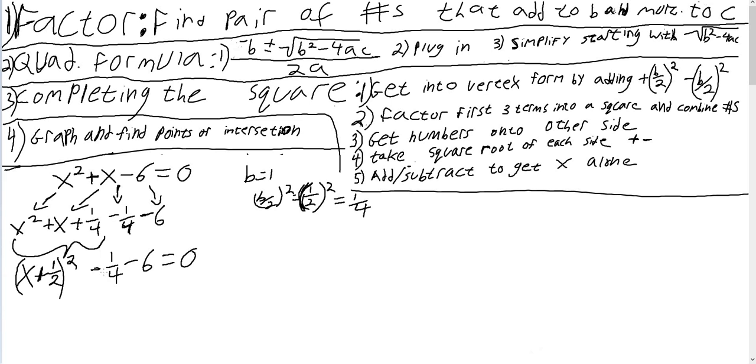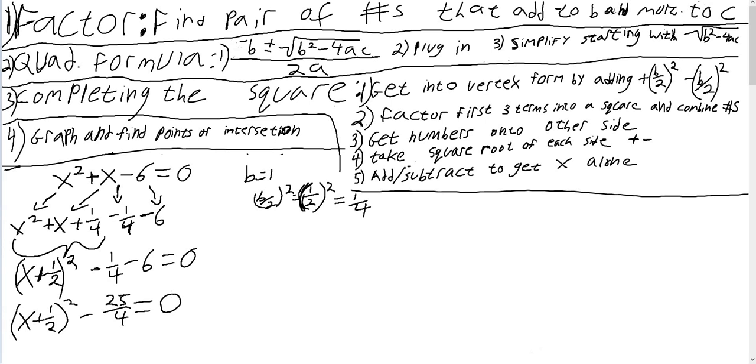Now combine like terms, minus 1/4 and minus 6. You can put that into your calculator, and you should get, just think, 24 over 4, so that would be minus 25 over 4 equals 0.